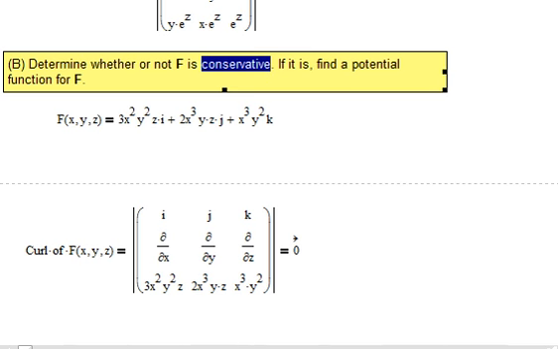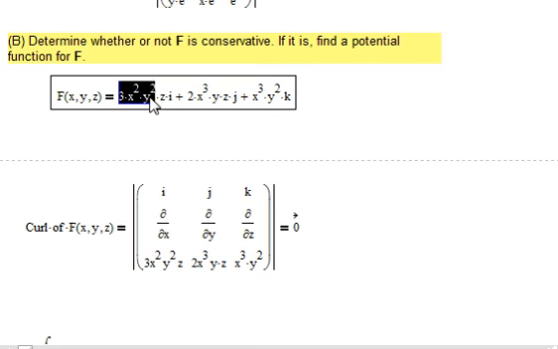Now, if it is, then we need to find a potential function. Something that this is the partial with respect to x of, this is the partial with respect to y of, this is the partial with respect to z of.